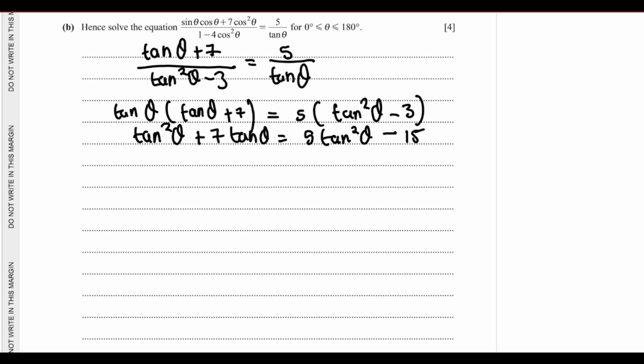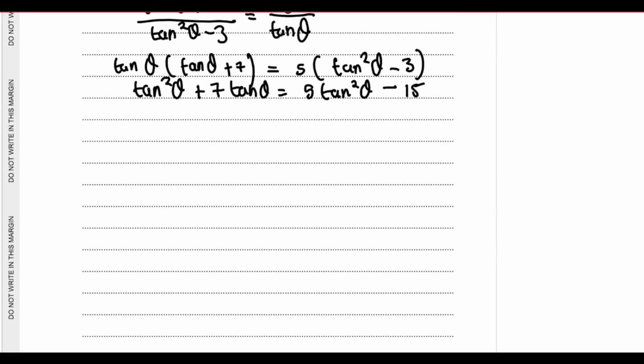Okay, so let's bring everything to the left. Tan squared theta minus 5 tan squared theta plus 7 tan theta plus 15 is equals to 0.